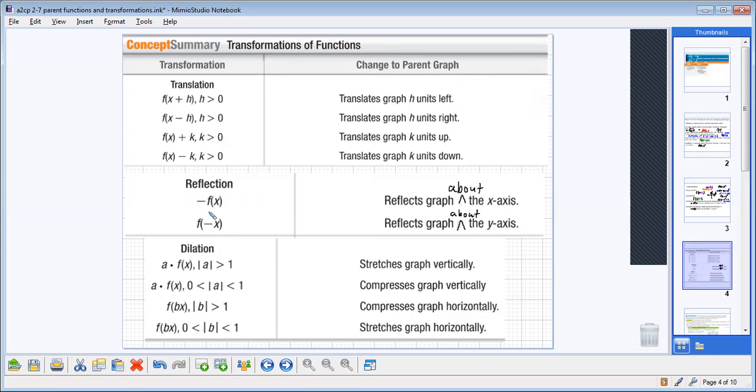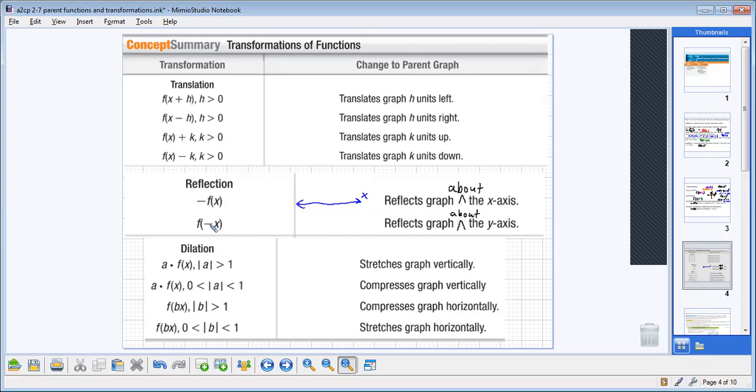In addition to that, we have reflections. And notice when we make the function negative, we multiply essentially the entire function by -1. That's going to reflect the graph about the x-axis. So that would be like a vertical flip, right? Because the x-axis is here, and so it would flip it over that.